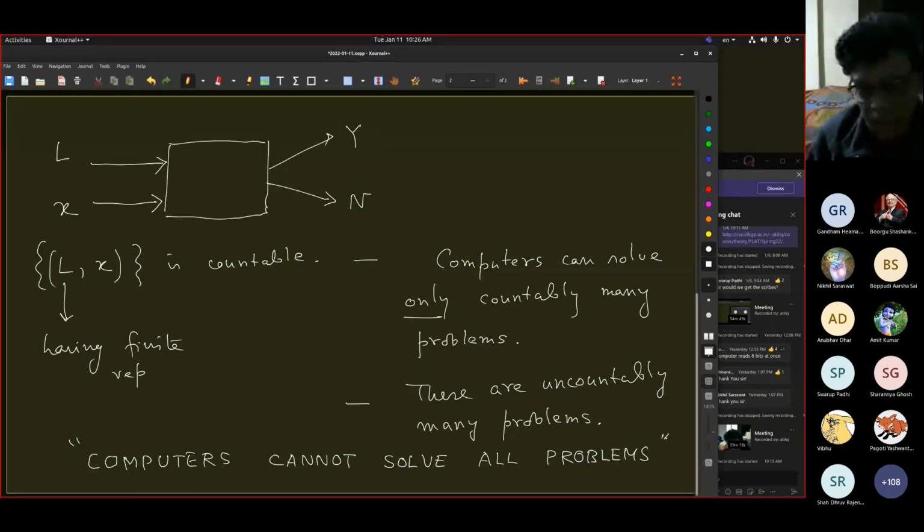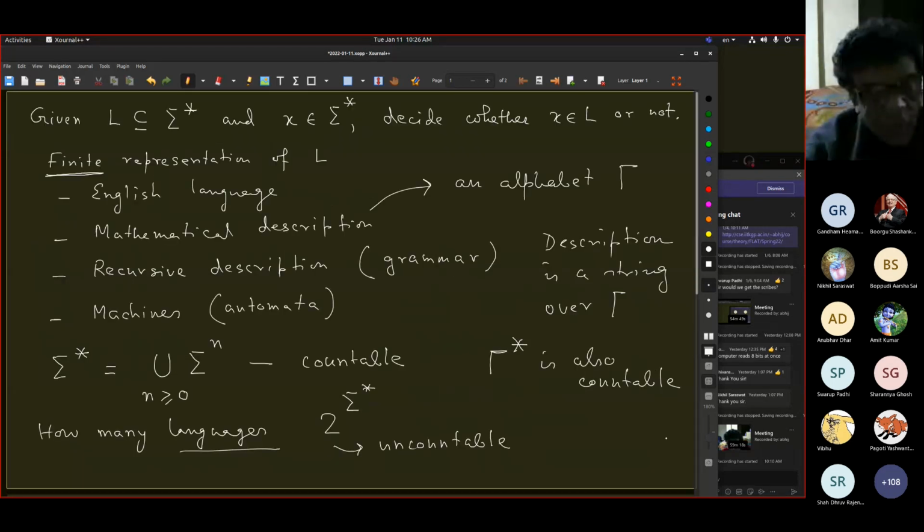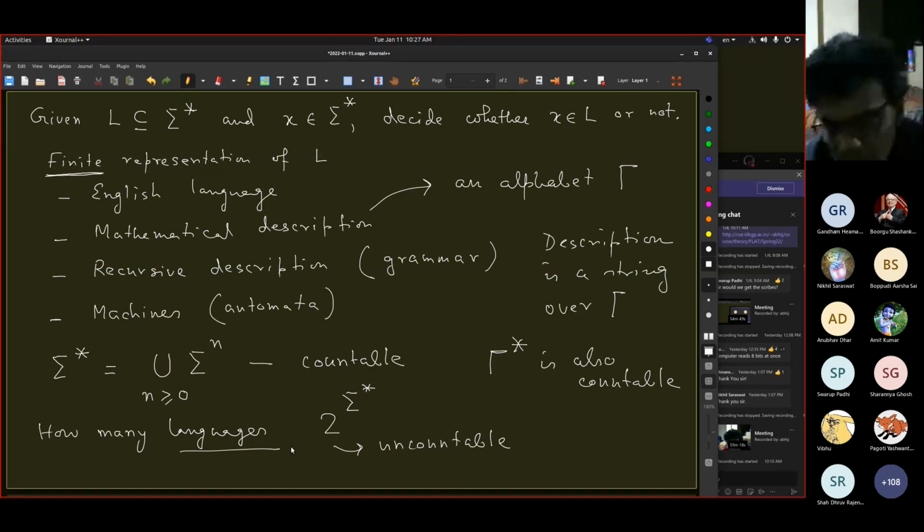There are uncountably many problems because I have identified problems with languages. For us, a computational problem is nothing but a language membership problem. And we have seen that 2 power sigma star, the number of languages, which is the same as the number of problems, is uncountable. Agree? Yes, sir. So computers cannot solve all problems.